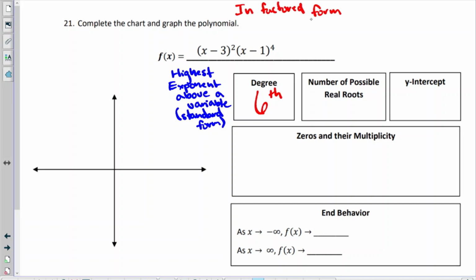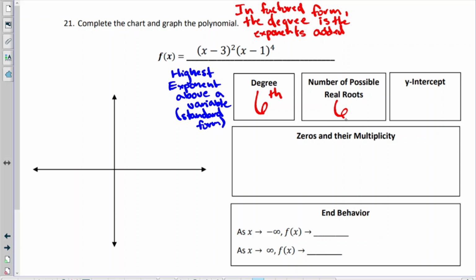anytime you have these sets of parentheses multiplied together, the degree is the exponents added. And then the number of possible real roots, well, that's just always equal to the degree. So it's 6. There are 6 possible real roots.